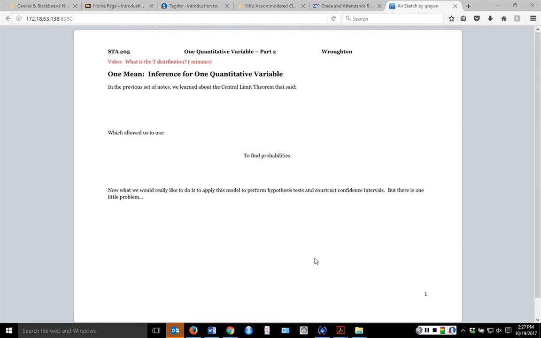So we're going to be building off the last set of notes where we talked about the central limit theorem, and we learned that under certain conditions, so if we had our relatively random and unbiased sample, and we had either we knew things were normally distributed to begin with, or our original histogram looked symmetric and bell-shaped, or if we had a sample of at least 30, then we were able to say that y bar, our sample mean, would be approximately distributed normal with a mean of the population mean, mu, and standard deviation, which was sigma over the square root of n.